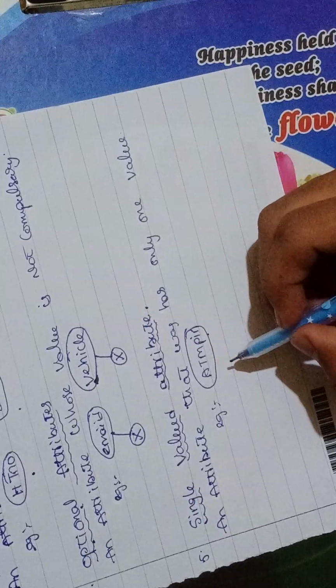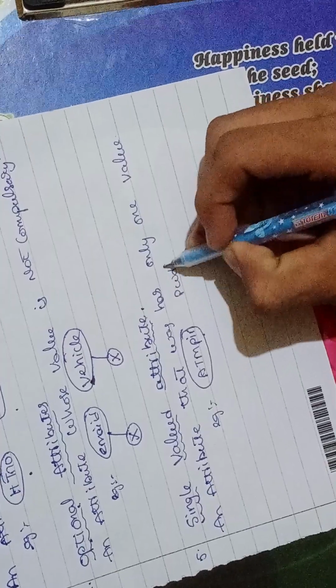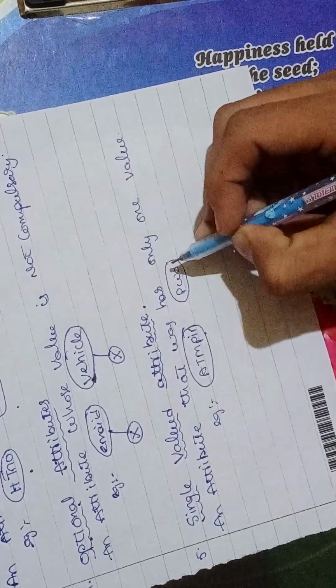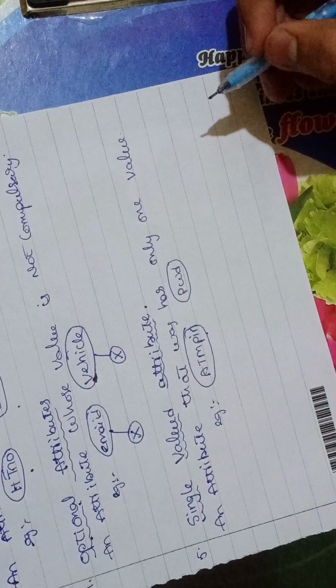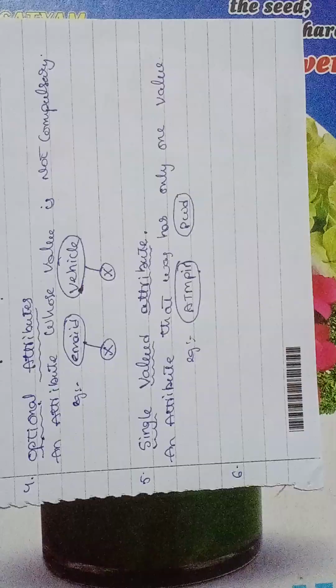We must give a password or any other patterns. These are single valued attributes.